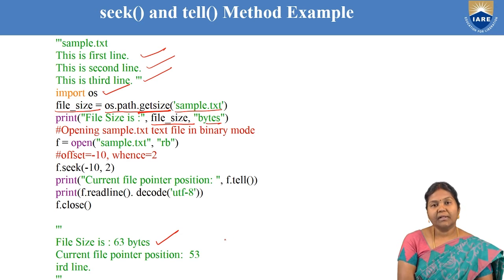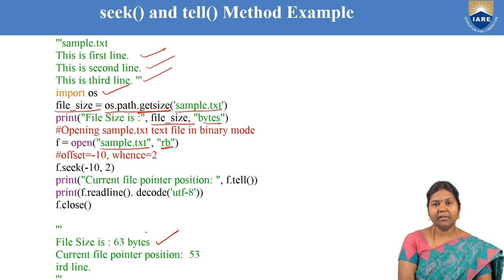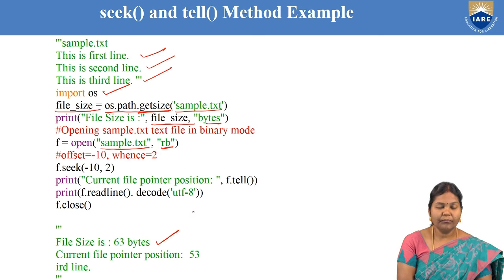Okay. Now let us open one file in binary mode. A text file can also be opened in binary mode. There is no problem in Python. So let us open this text file sample.txt in binary mode by simply writing rb. You can do it using only r also, but you can open it in binary mode also.